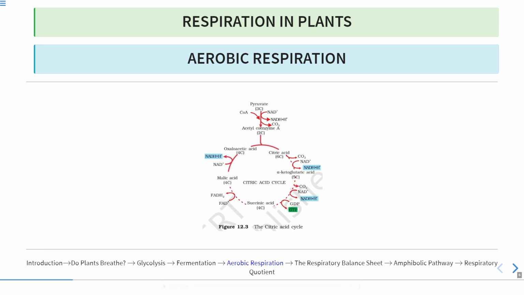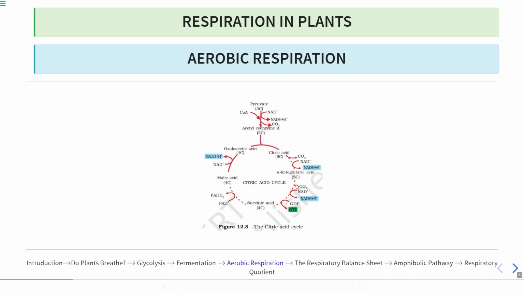Now there is another decarboxylation of alpha ketoglutarate, and this 5-carbon compound is converted to succinyl coenzyme A, and then to succinic acid.